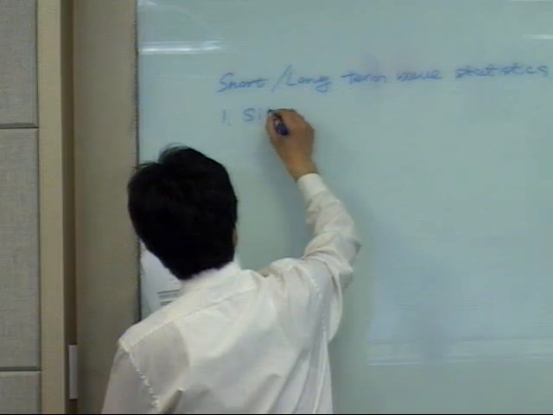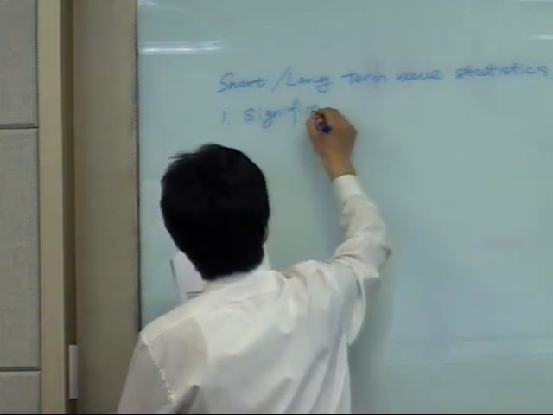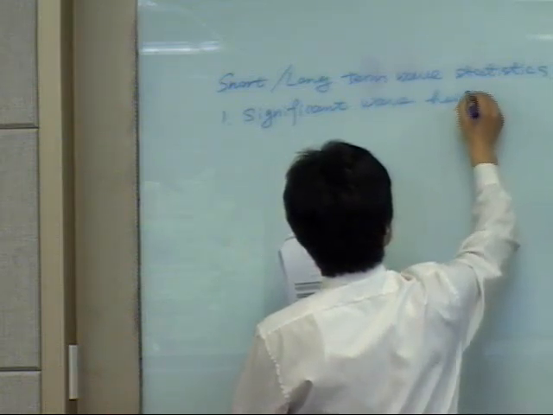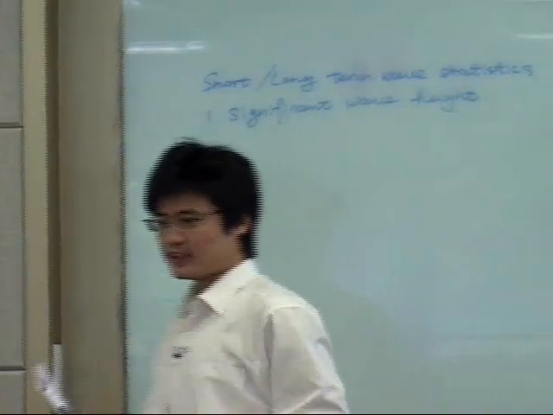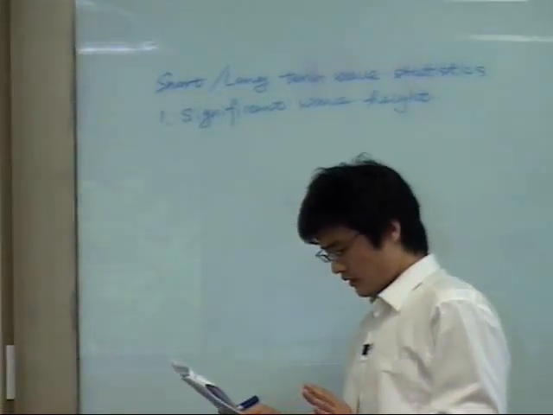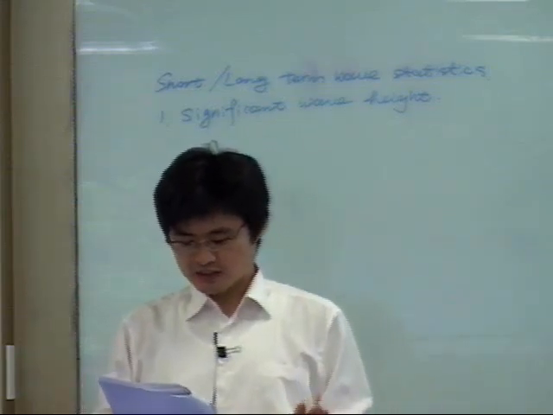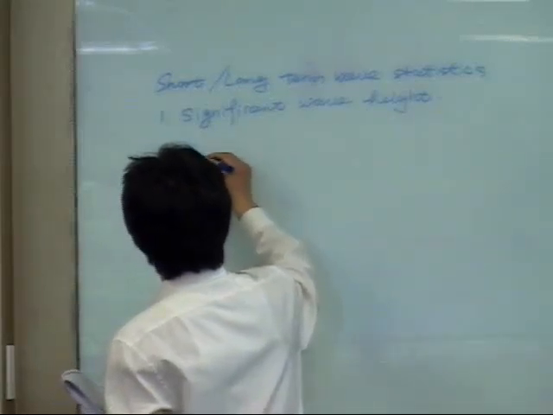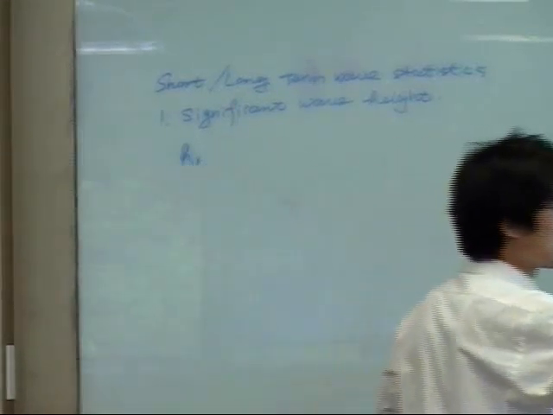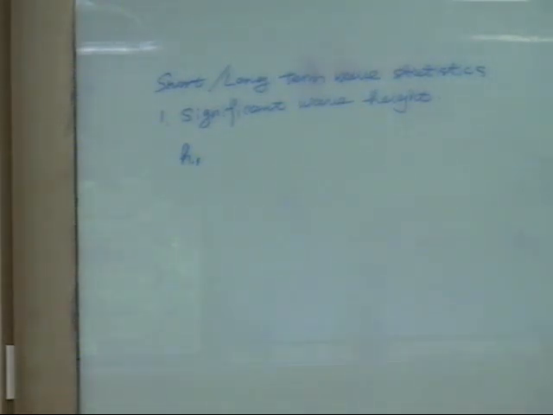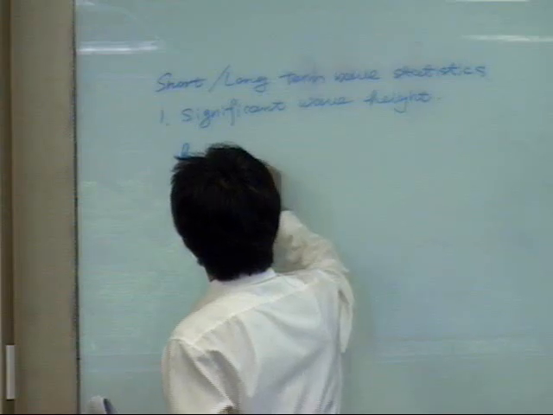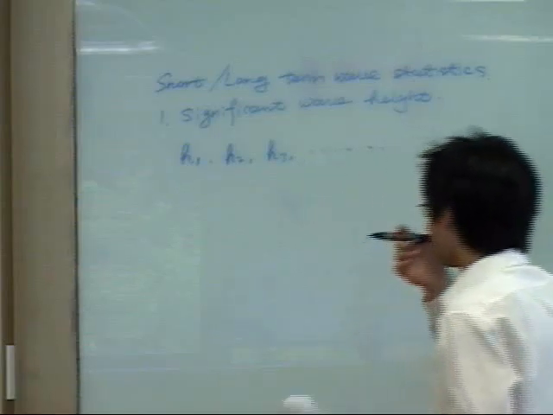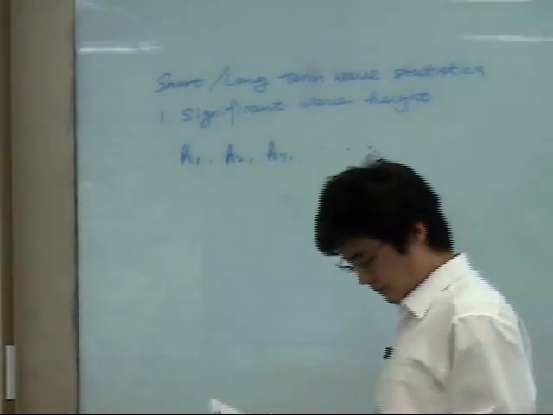Significant wave height is defined as the average of the 1/3 highest waves. If you have a measurement, I have determined a wave height as h1. Of course, from my measurement, I'm gonna have many of these, h1, 2, 3, till infinity.